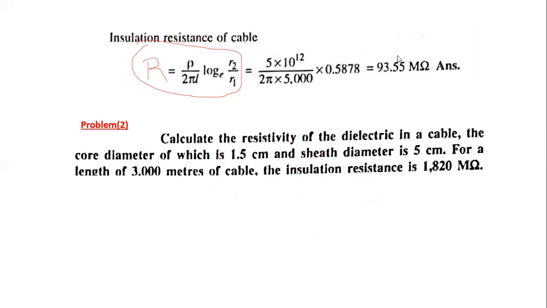Next, coming to the second problem: calculate the resistivity of the dielectric in a cable, the core diameter of which is 1.5 centimeters and the sheath diameter is 5 centimeters, for a length L equal to 3000 meters of cable.